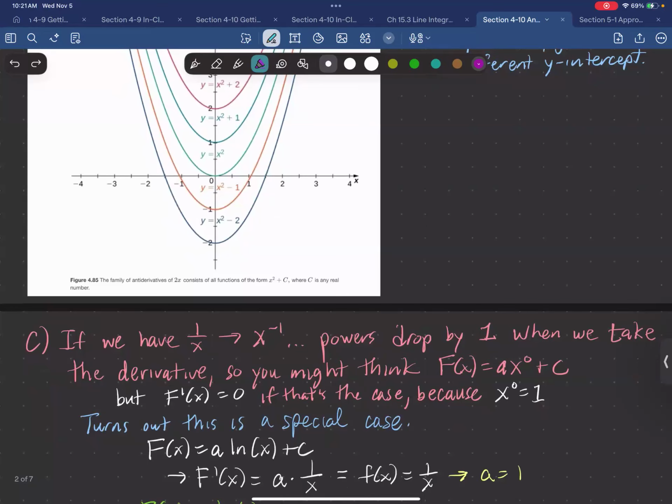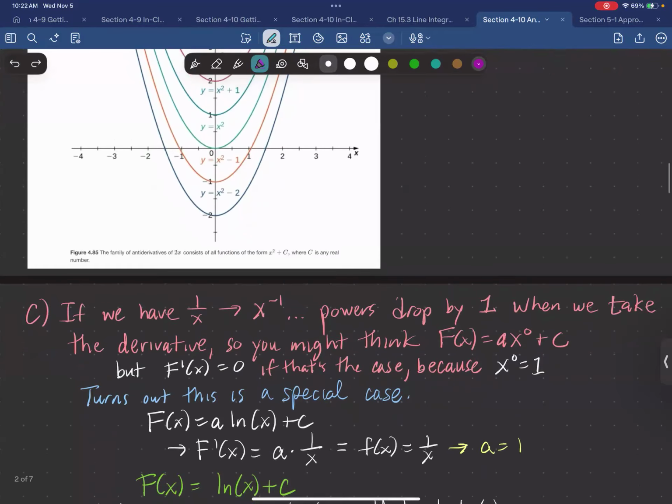When we take the derivative, we do see that the a ends up being 1 by equating coefficients. There's a 1 in front of this, and they have to match. But there's a little more to it. x in general could be negative, and x is between infinity and negative infinity in general, but not here.